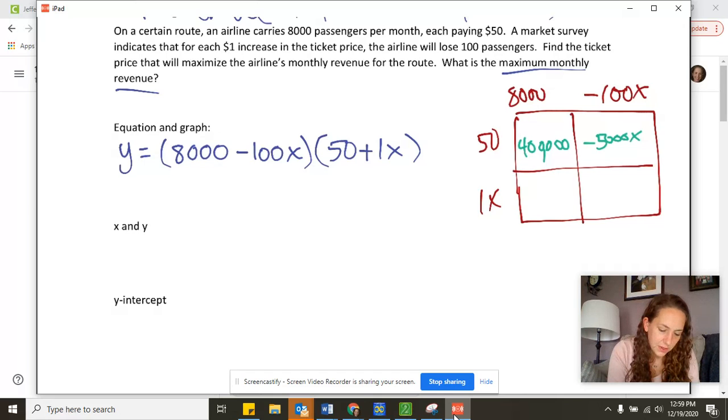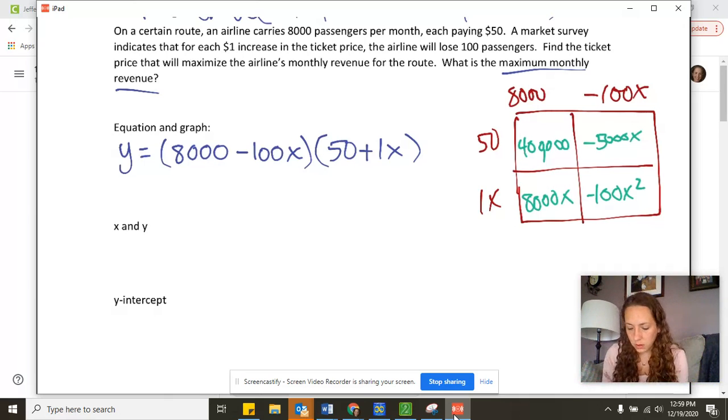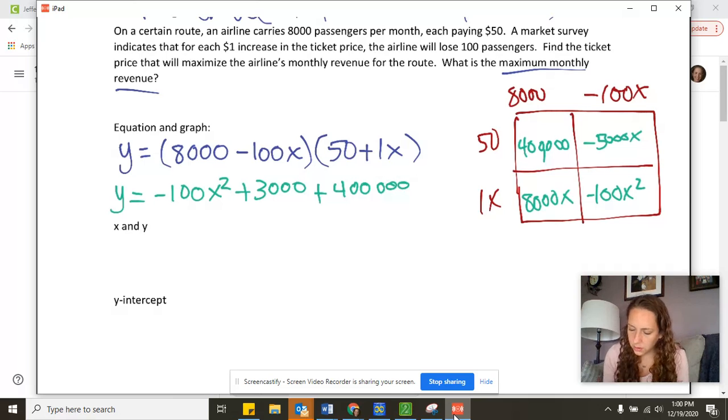This 1x times negative 100x will be negative 100x squared. And then 1x times 8,000 will just be 8,000x. So my equation in standard form is going to be negative 100x squared plus 3,000x plus 400,000. Okay, so there's my equation. Ta-da.